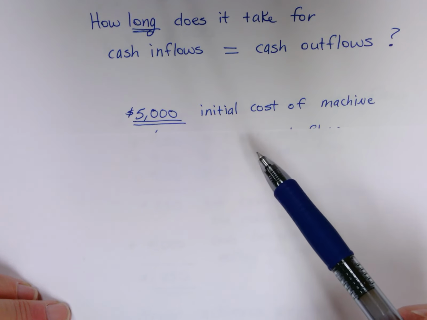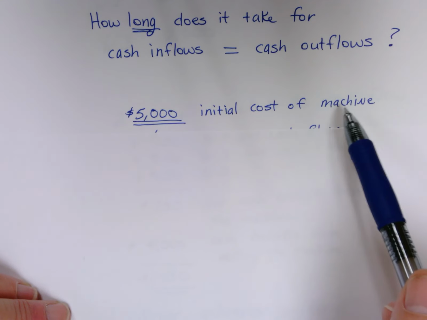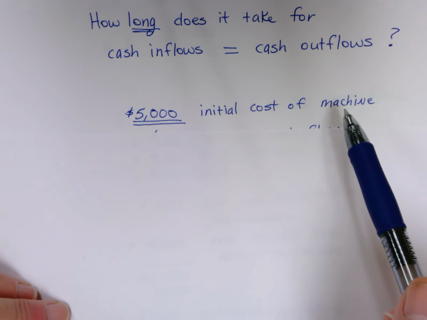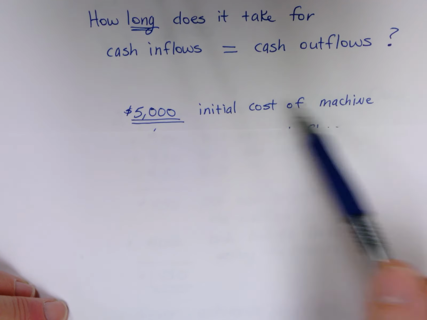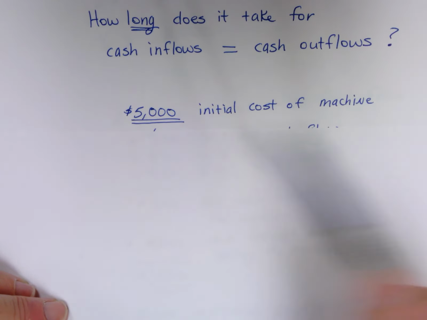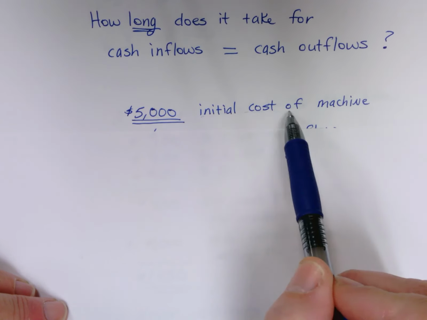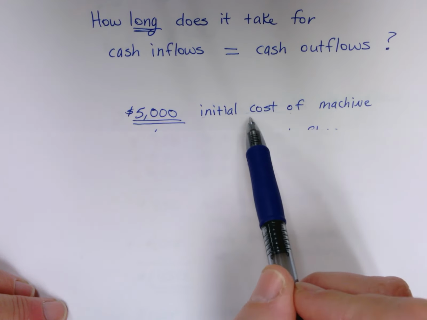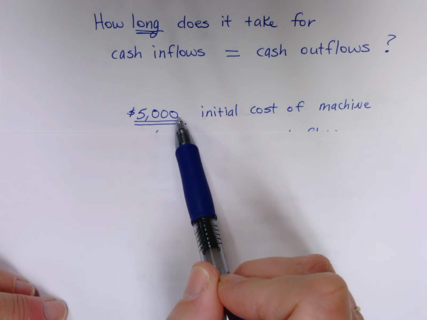Any setup costs required to get that machine up and running. So if plumbing or electrical or any other kind of setup costs, or the need to pour a cement pad in the factory to hold that machine, all of those costs go into this number, the initial cost of getting the machine at your facility ready, up and running, ready to go. So include all those costs in getting to this initial cash outflow at time zero.